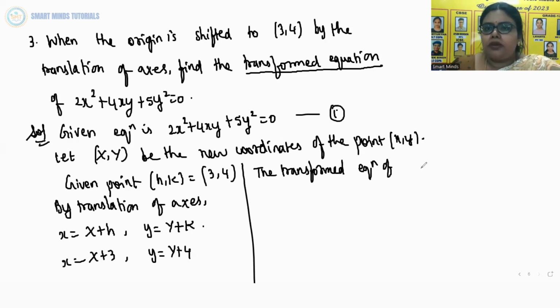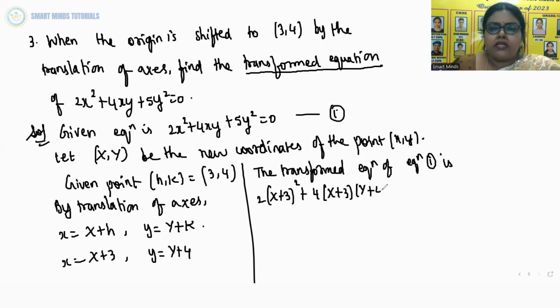The transformed equation of equation number 1 is, now in the place of x we put X + 3. So 2(X + 3)² + 4(X + 3)(Y + 4) + 5(Y + 4)² = 0.